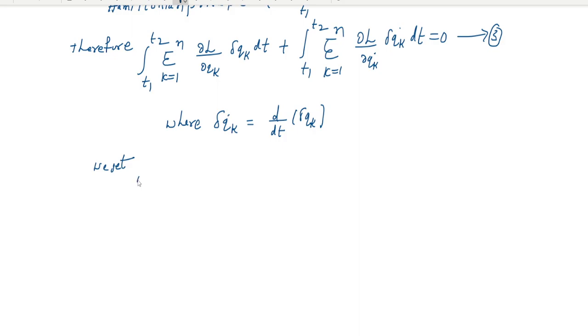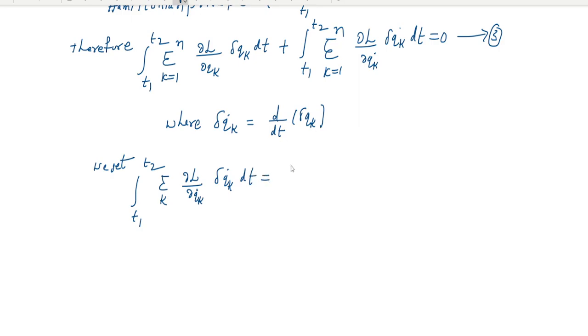Carefully look at the integral t1 to t2, the second term, summation k, partial derivative of L divided by partial derivative of velocities qk dot dt.